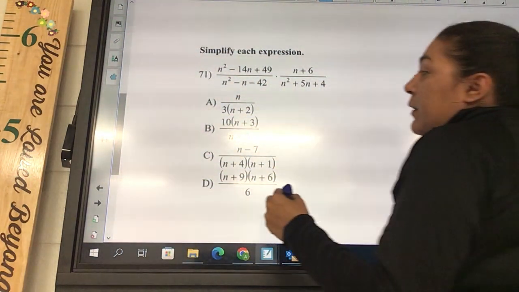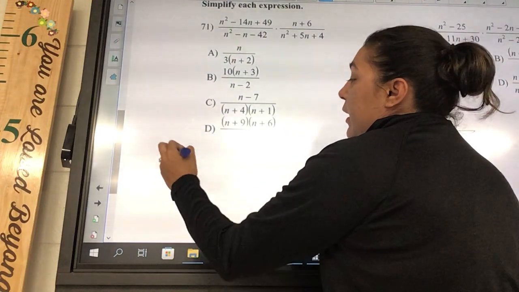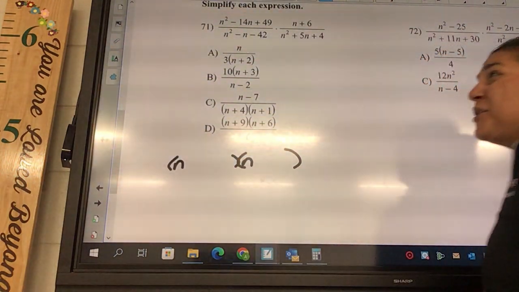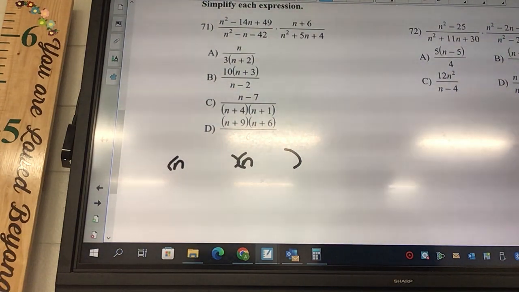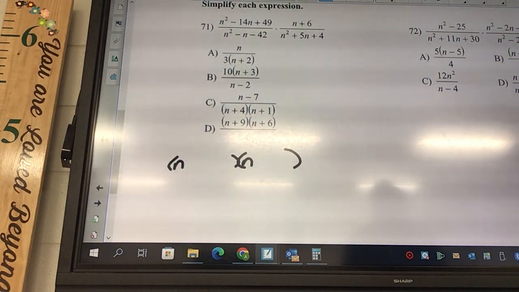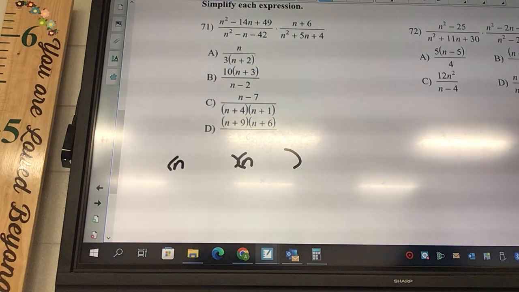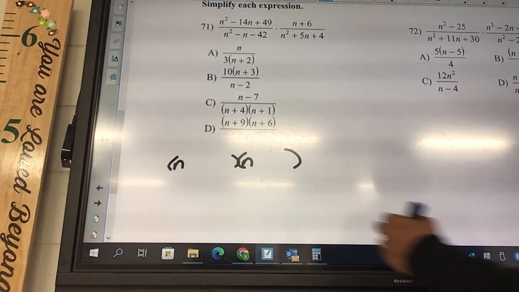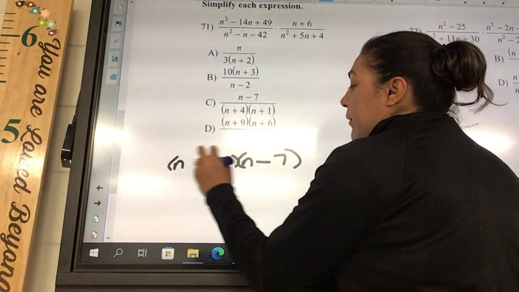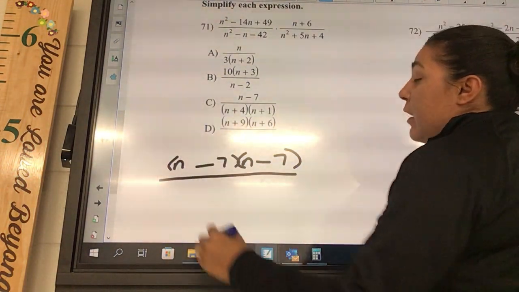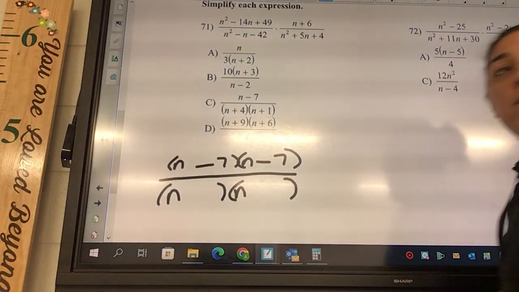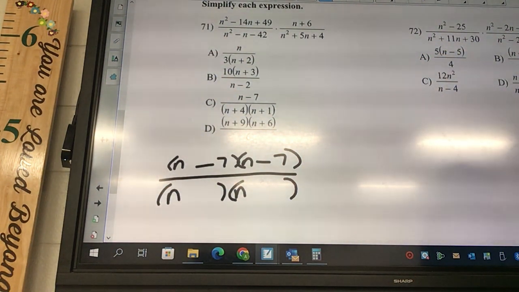Okay, last one. For the top, I'm gonna have n and n. And you guys should know this one. We need factors of 49 that are gonna add up to give me a 14. 7, 7. Okay, so 7 and 7, and they both need to be negative. Okay, so the top one's done. 42 is my other one, and I need something to give me a negative 1. What are 2 things that multiply to 42 that can get a 1?